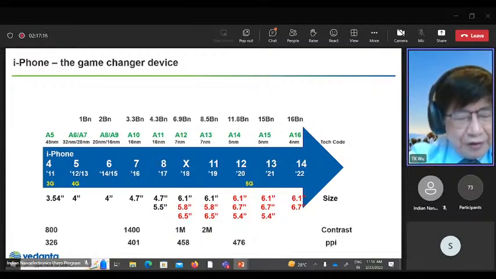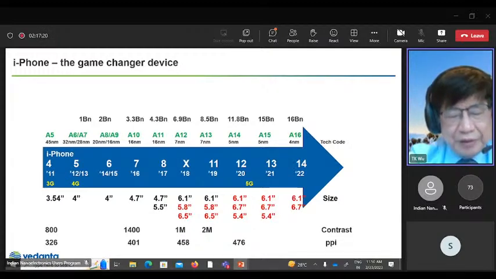The iPhone 4 started with the A5 chip by 45 nanometer process in 2011, and the updated one is the iPhone 14 with the A16 chip by 4 nanometer process in 2022.